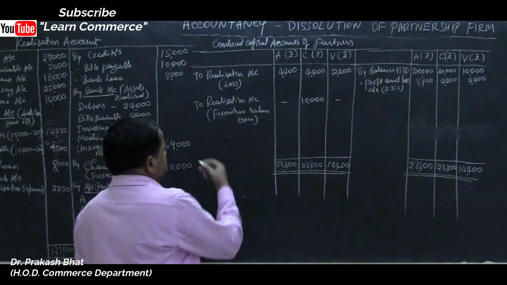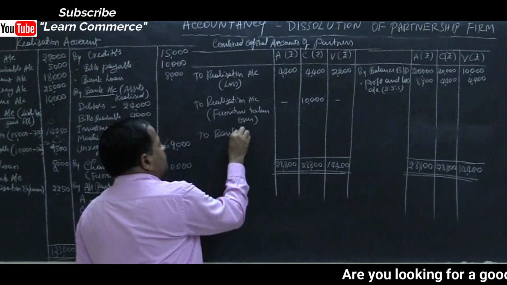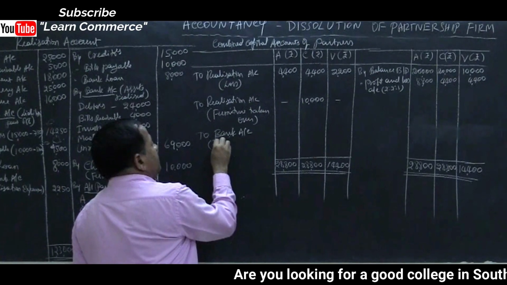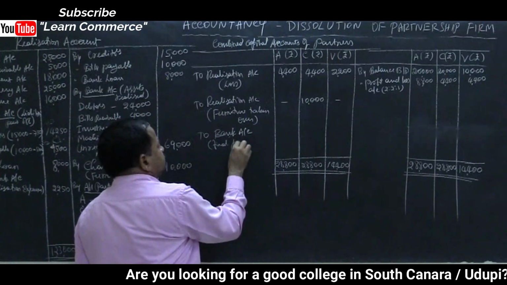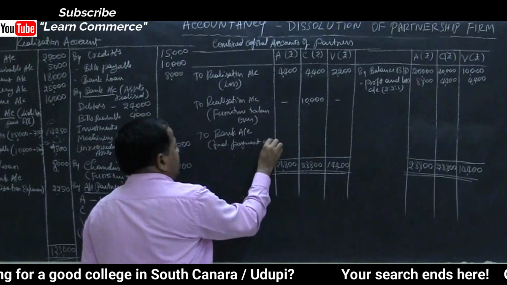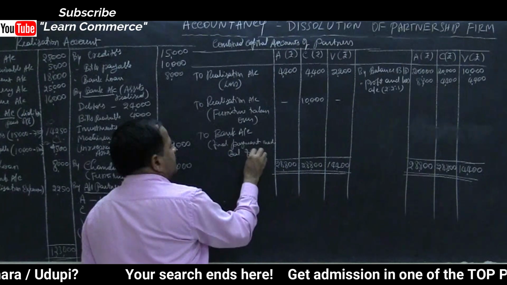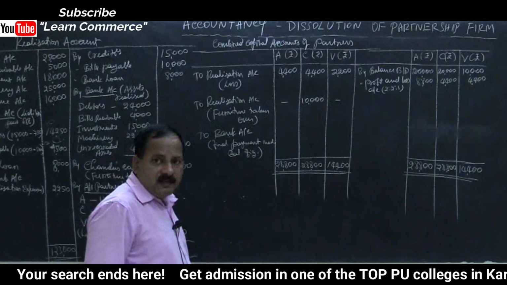Now find out the difference. Make payment to bank account, final payment made, balancing figure. That's all.